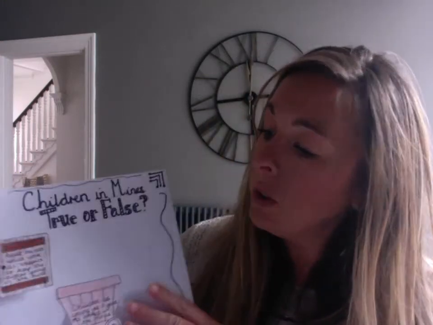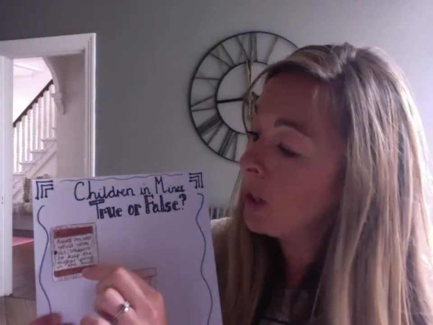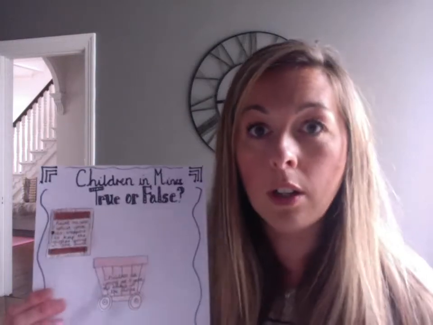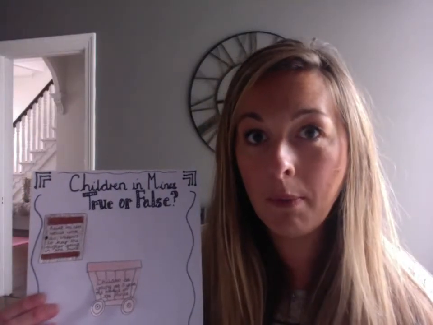Then on my plain piece of paper, what I then did is that I thought about the 5 facts that I wanted to include, and then I thought about objects that might relate to child mining that I could write the facts on. So I'm going to show you an example of what I have done. So I have drawn a door here, and I drew this on a different piece of paper.